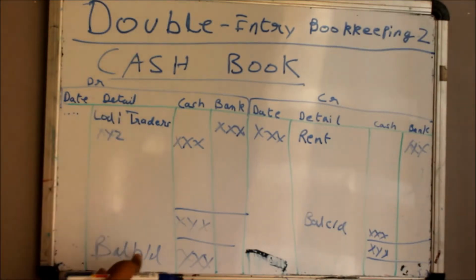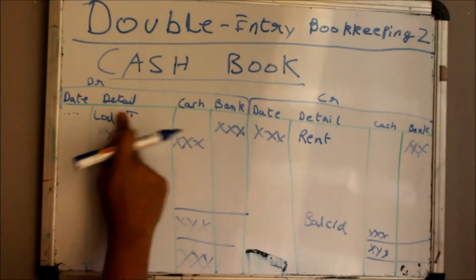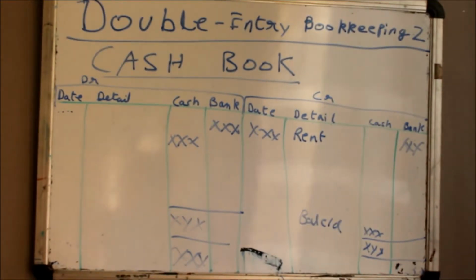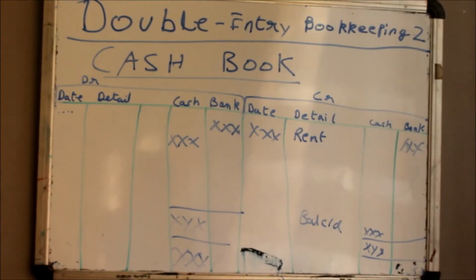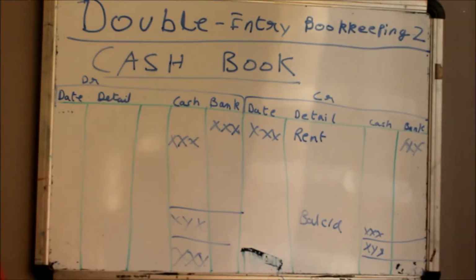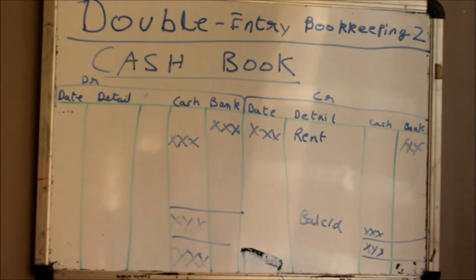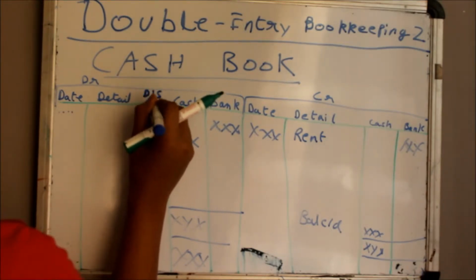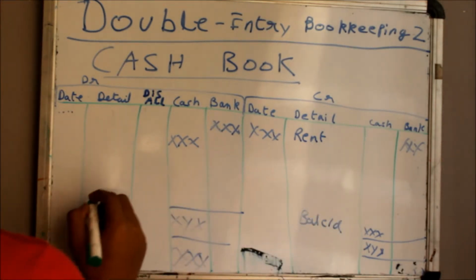I'm just going to rub this off. I'm going to make another column over here for discount on both the sides. So on the debit side there is discount allowed, and on the credit side there is discount received.